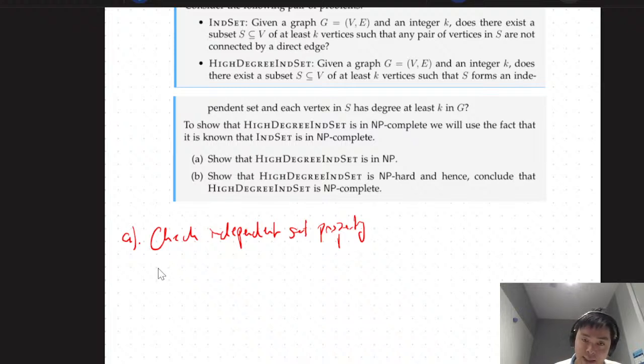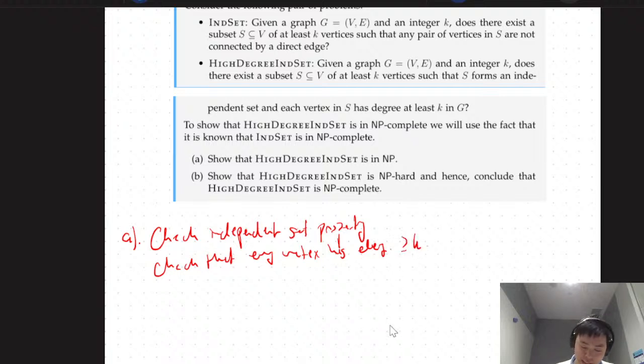And then the second thing is to check that every vertex in S has degree at least k.